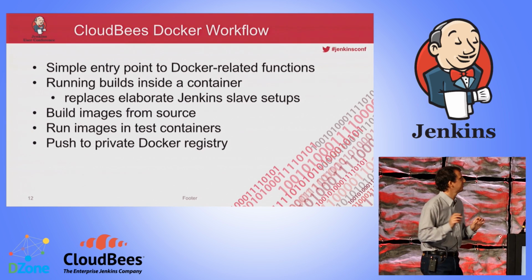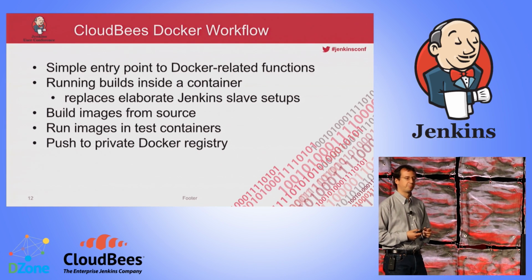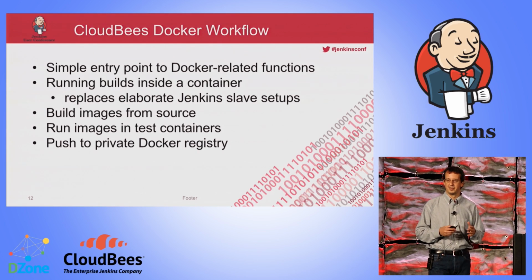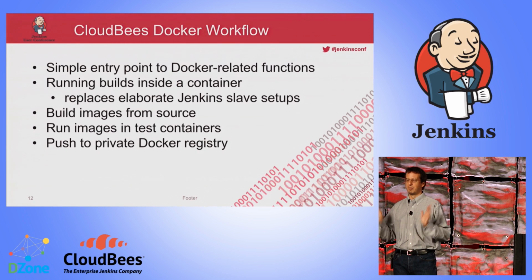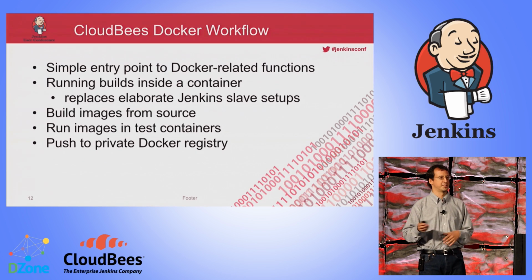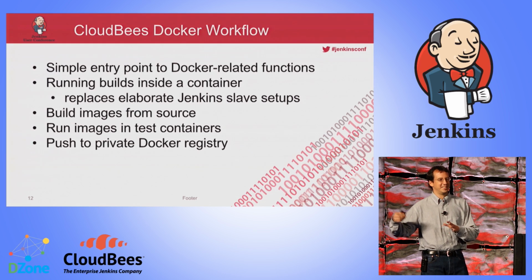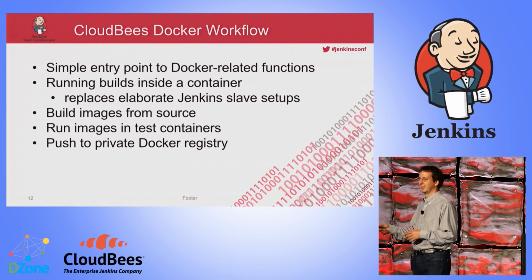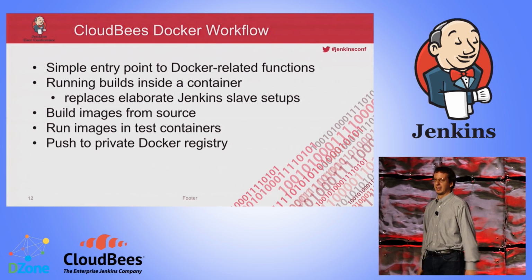If you are able to use Docker containers to set up a build environment, this is a much easier way to manage Jenkins because, and this ties into the CD as code aspect, instead of having a bunch of slaves pre-connected to Jenkins that some administrator has gone and manually installed some packages on, and you call them up in the middle of the night and say, hey, I need an extra library installed on this so I can build this new version of my application and so on. You don't need to do that anymore.